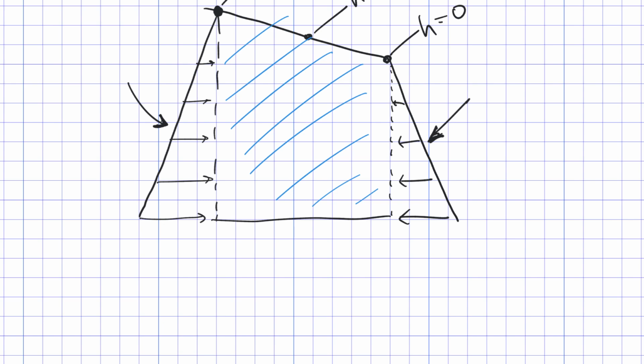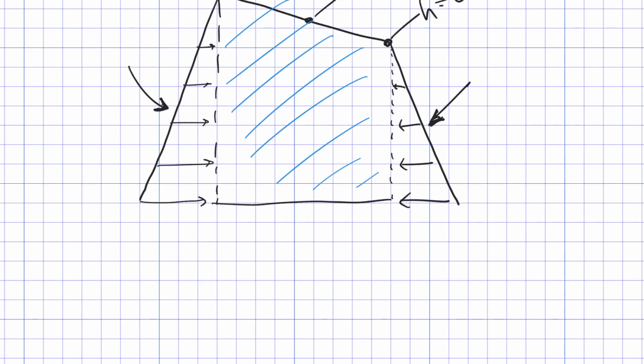More to the point, at a given height, if I were to compare the pressure here to the pressure here, generally speaking, that pressure is going to push this way. You should be able to see that this arrow right here is greater than that arrow right there where it's 0.